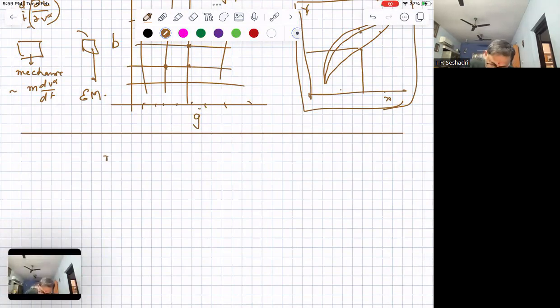What you will have is m into the covariant du i by dt, equal to E multiplied by del A k by del x i minus del A i by del x k.